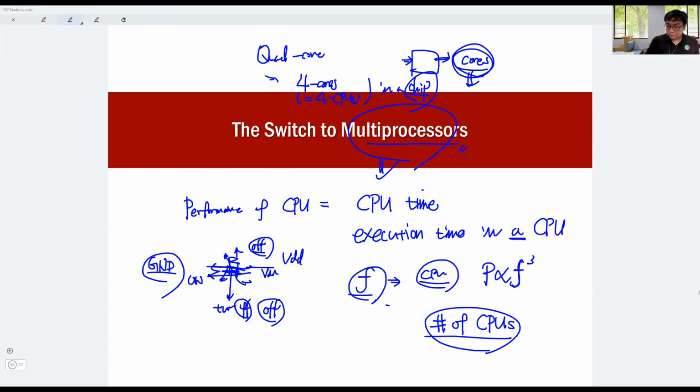So another way to increase the performance of a CPU or processor or computer system is to increase the number of CPUs or number of cores. Okay, so recently we increased the performance of a CPU by increasing the number of cores. So that is called the multiprocessor era.